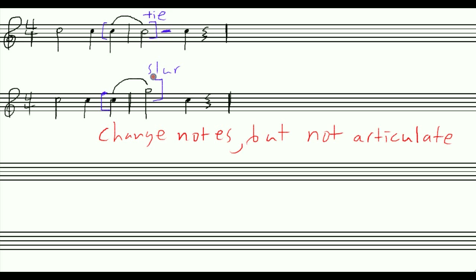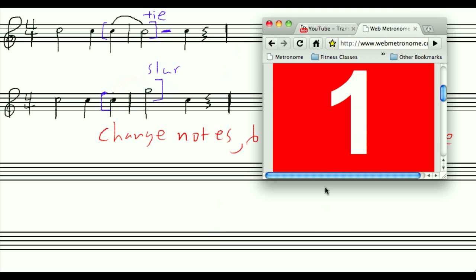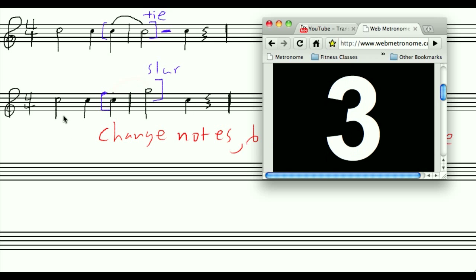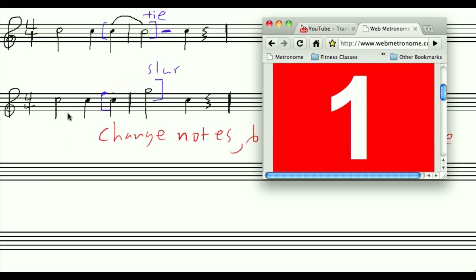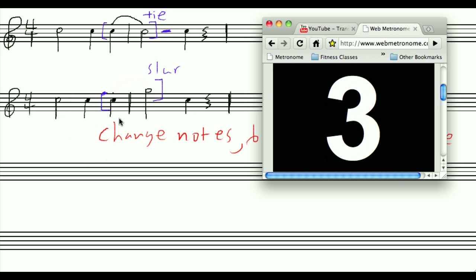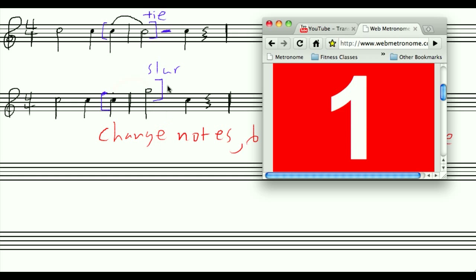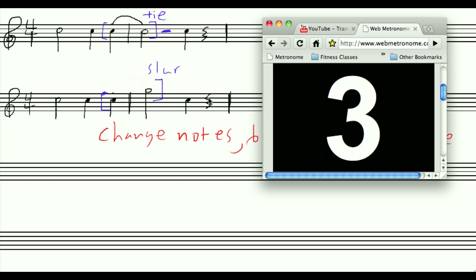So if I was singing this and there were no slur here, let me actually do that real quick. I'm just going to erase that slur mark real quick. So there we go. If we had no slur there, and I'll get the metronome back. Here we go. Ba, ba, ba, ba, ba.